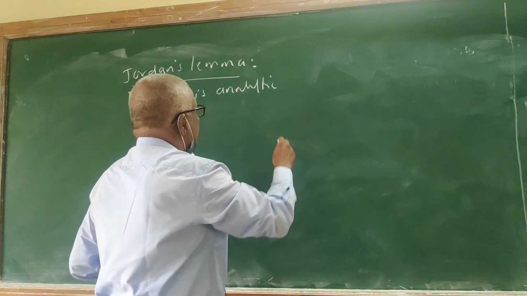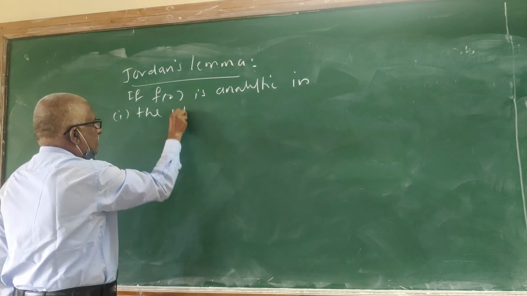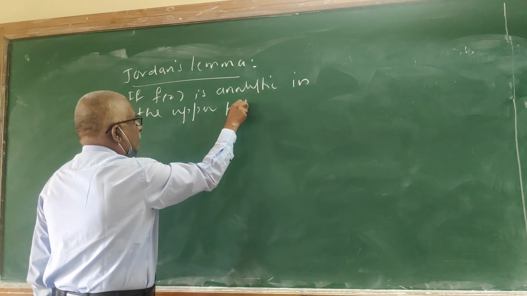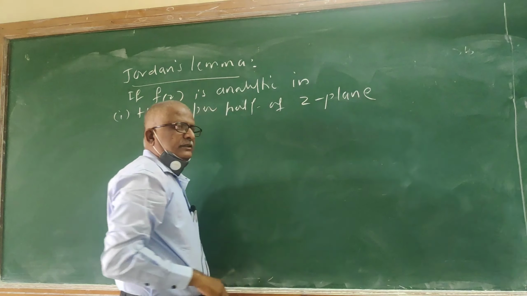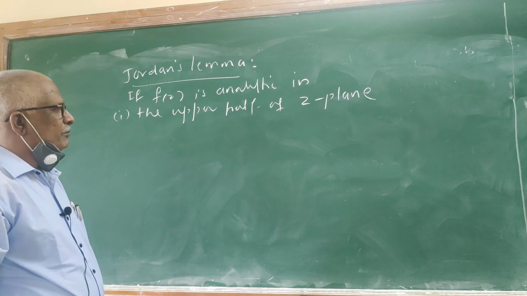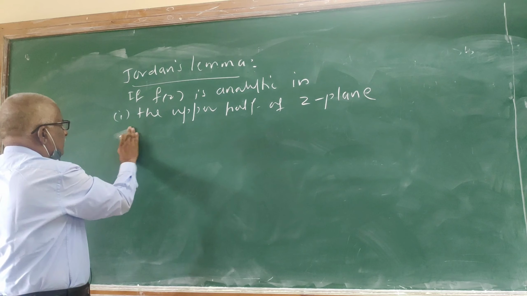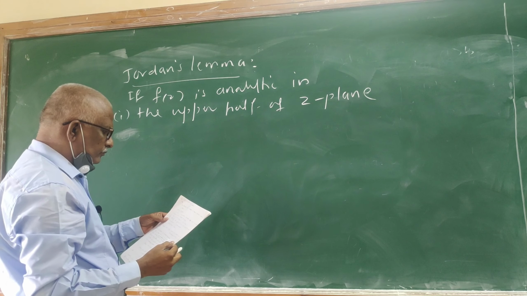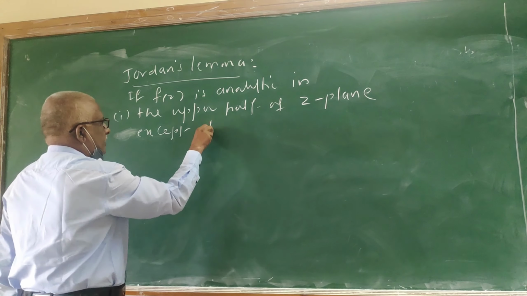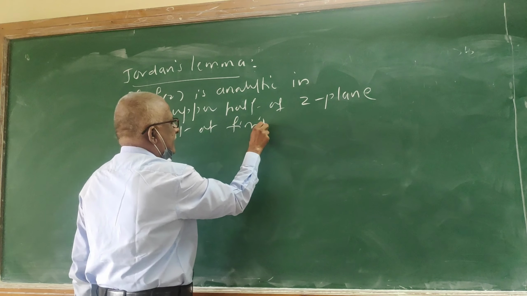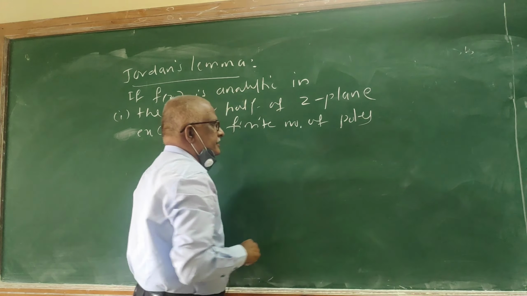If f of z is analytic in the upper half of the z plane, or complex plane or Argand plane, except at a finite number of poles, this is the first condition.